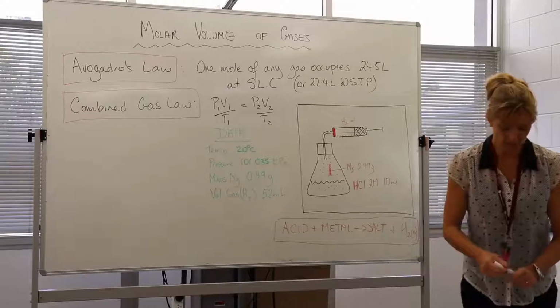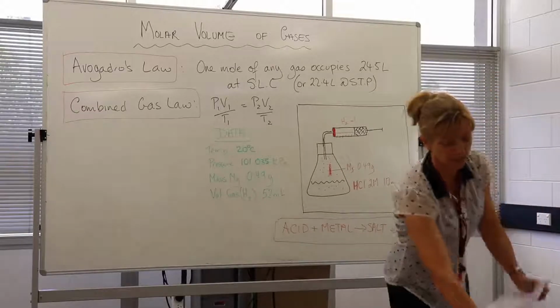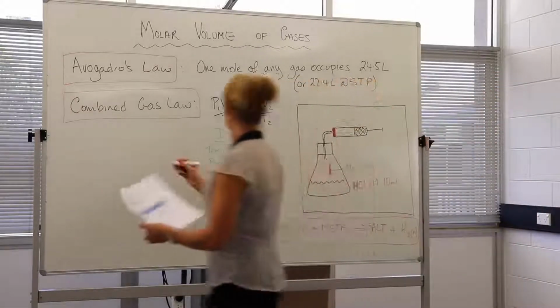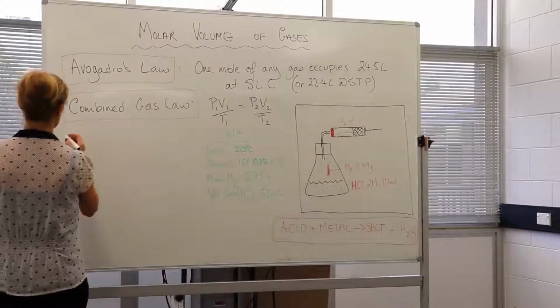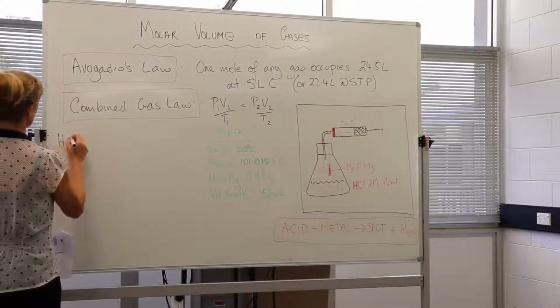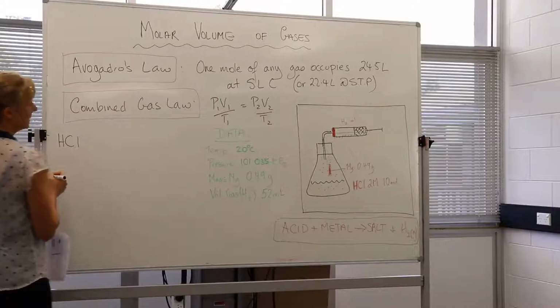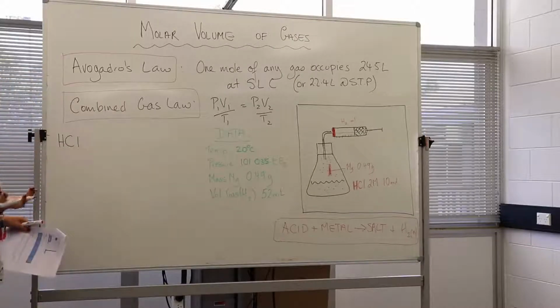So the first thing you need to do when writing a balanced chemical equation is write down the reactants. So you have hydrochloric acid. And you need to check the formula, but we know what hydrochloric acid is.